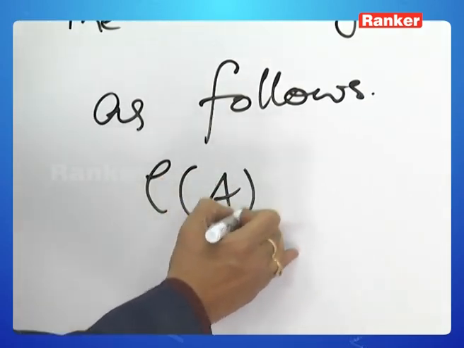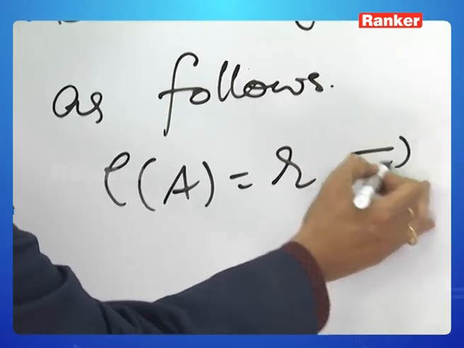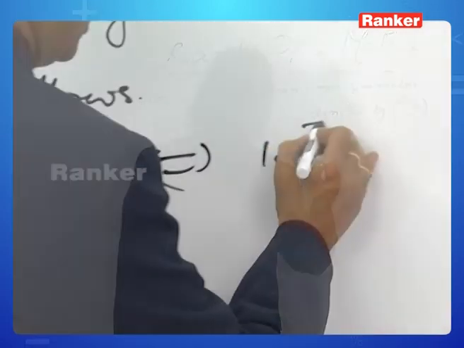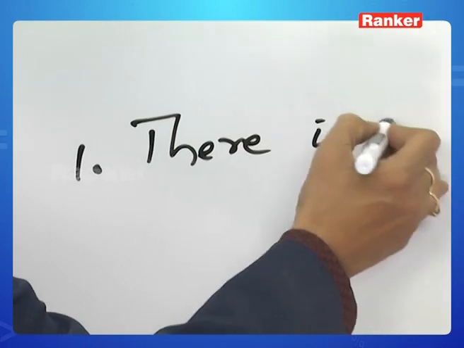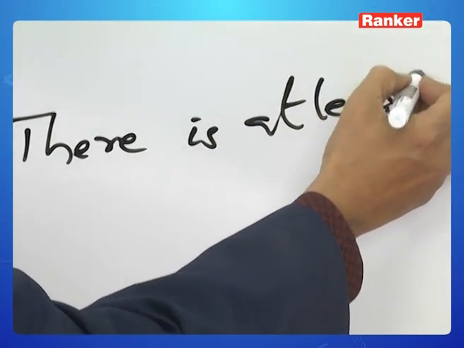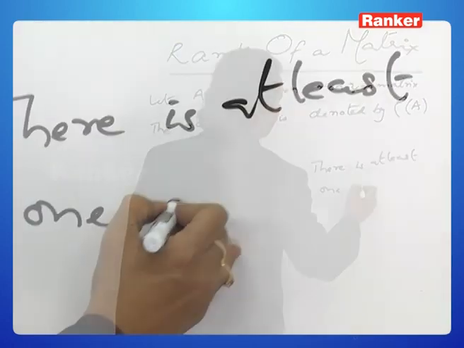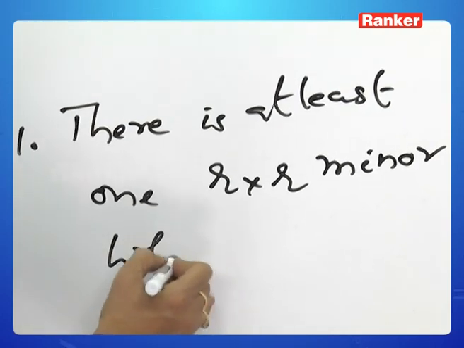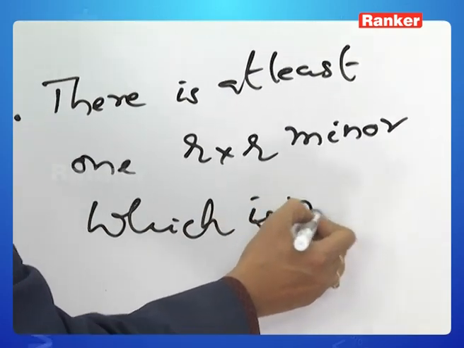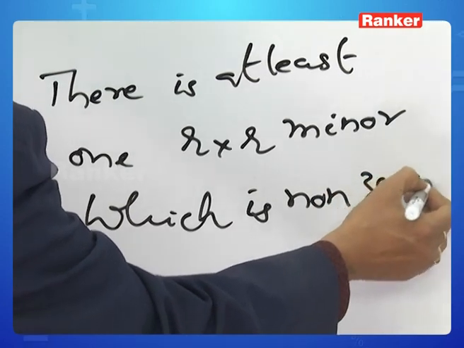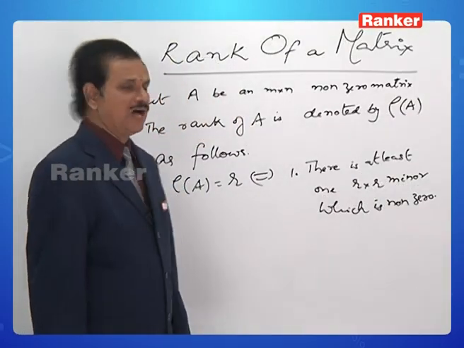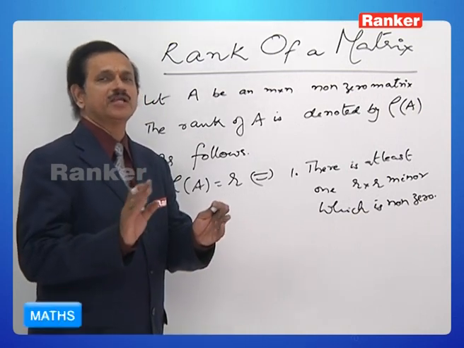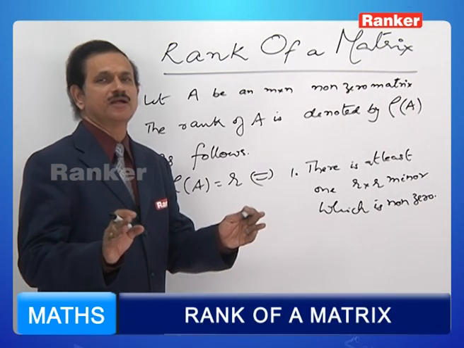Rank of A is equal to small r if and only if, number 1, there is at least one r by r minor which is non-zero. What do you mean by r minor? That is a submatrix of A containing r rows and r columns with determinant not 0.